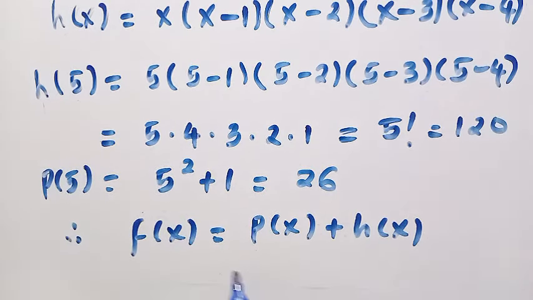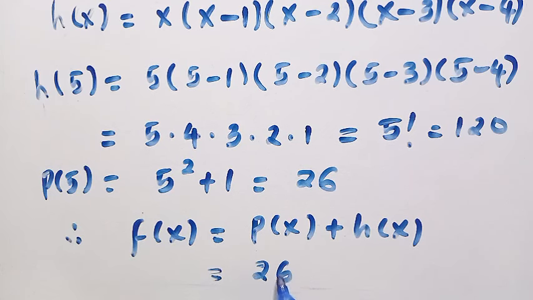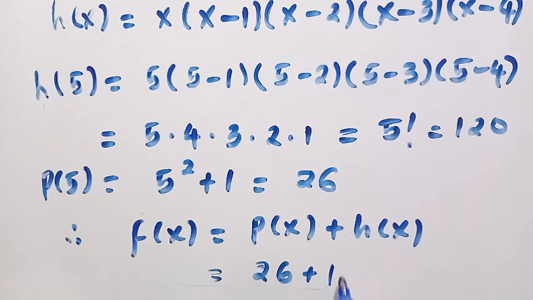So f of 5 is 26 plus 120, and by adding 120 plus 26, we get 146.